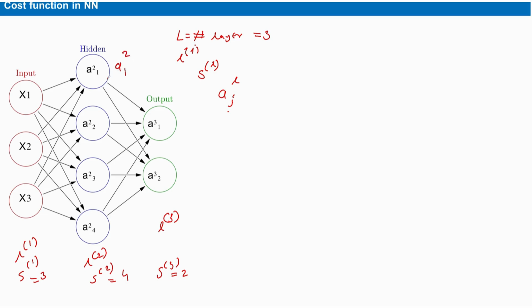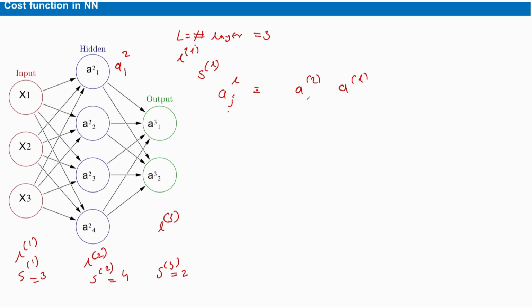For the vectorized representation, if I want to show all the activations of layer 2, I will write A of 2. All the activations of layer L I will represent as A of L.